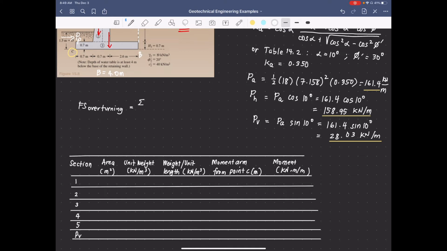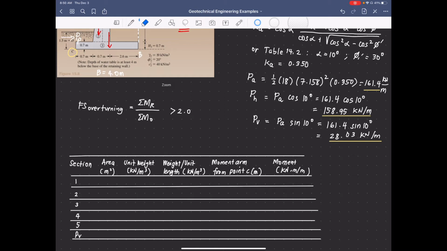This is equal to the summation of moment that will cause resistance to overturning divided by the summation of moment that will cause the overturning. This should be greater than 2.0. So we need to get the sum of the resisting and overturning moments.